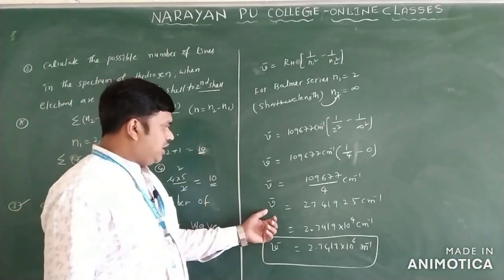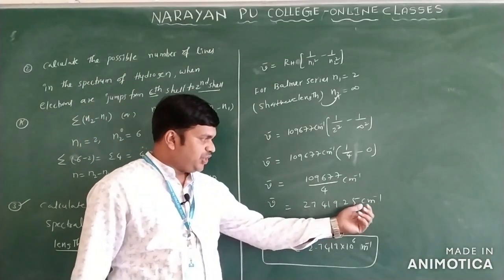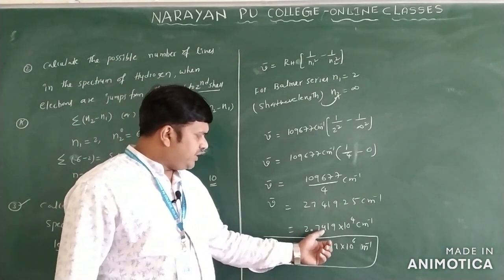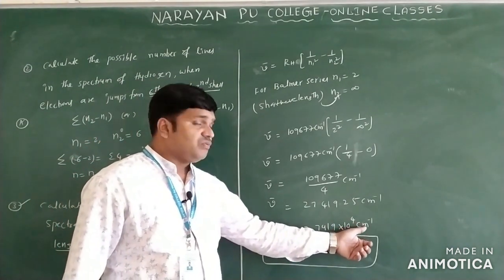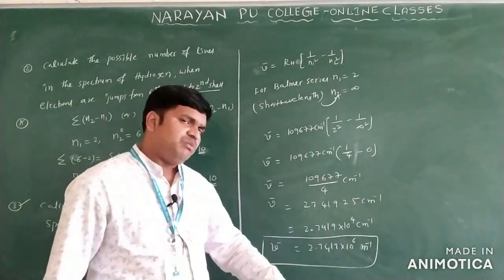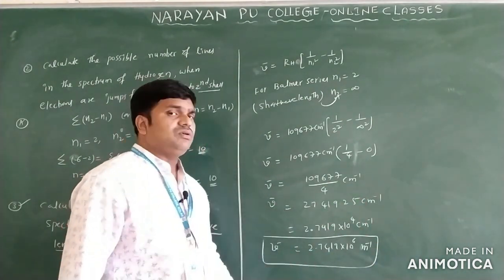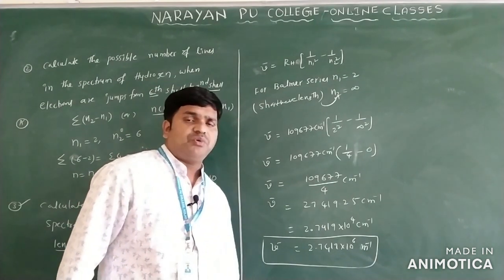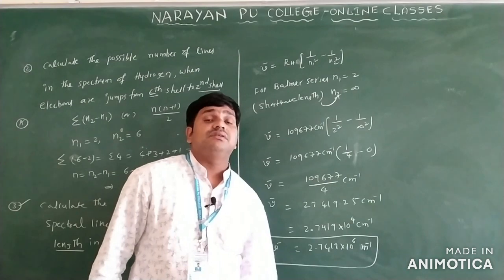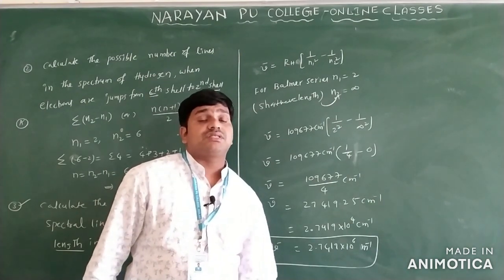So nu bar is 27419.25 centimeter inverse. I will write the value as 2.7419 into 10 power 4 centimeter inverse. If you want to write it in meter inverse, nu bar is equal to 2.7419 into 10 power 6 meter inverse. We are finding wave number for this question only.